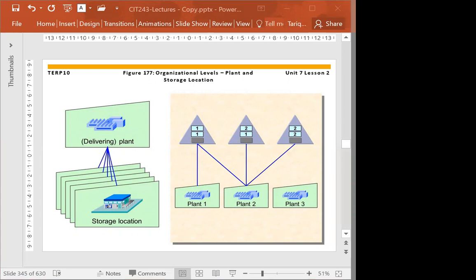Has many storage locations. Okay, and no, sorry, this is not related to the shipping point. This is related to the storage location. One plant has many storage locations. Yes, it is possible. One plant can have one, two, or many storage locations.